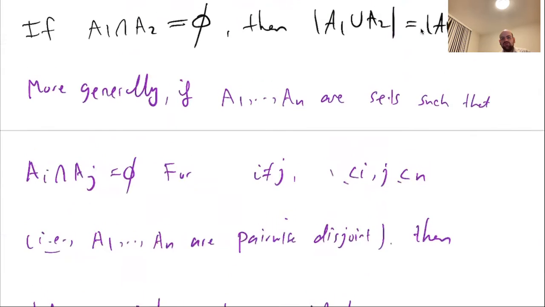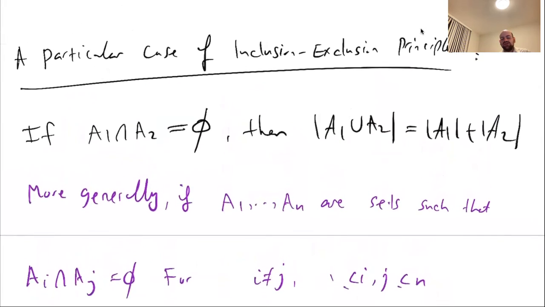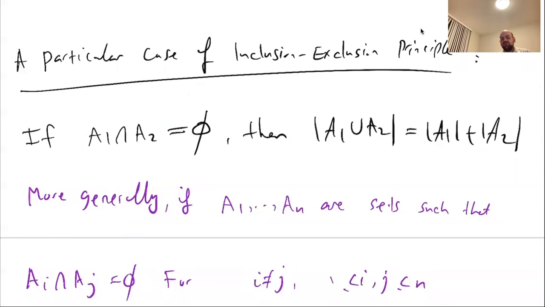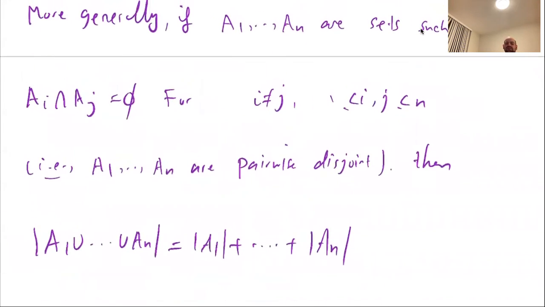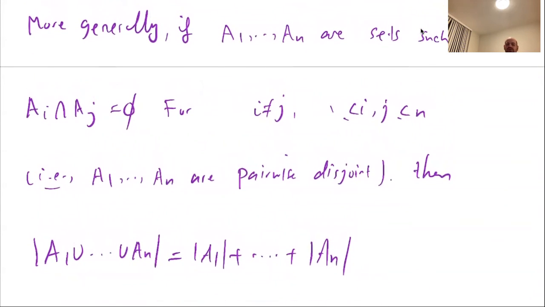So we know that for two sets, if the intersection is not empty, we know what to do. We just have to subtract the number of elements in A1 intersection A2. But for n sets, if the intersection is not empty, what should we do? What should we subtract? In that case, the formula will be a little bit complicated and you will learn it in Discrete Mathematics 2.